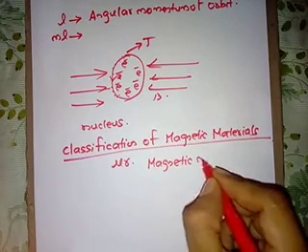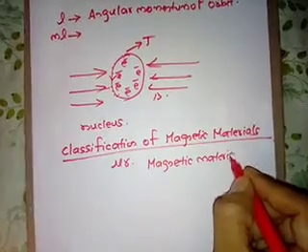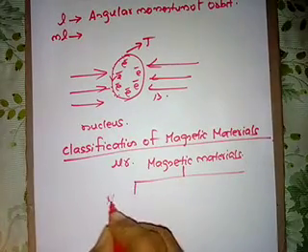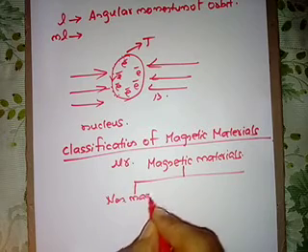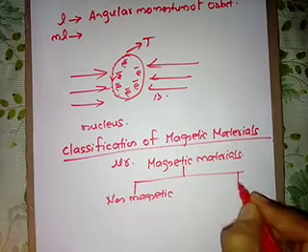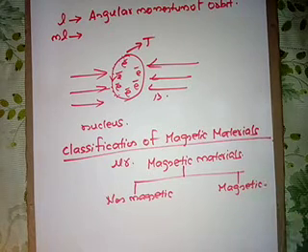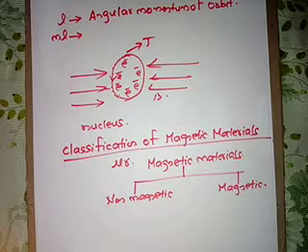Magnetic materials. The first classification is non-magnetic and magnetic. Non-magnetic materials are the materials if mu r is less than 1 or approximately equal to 1.